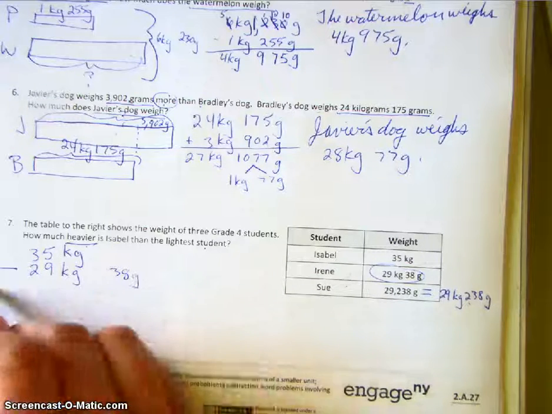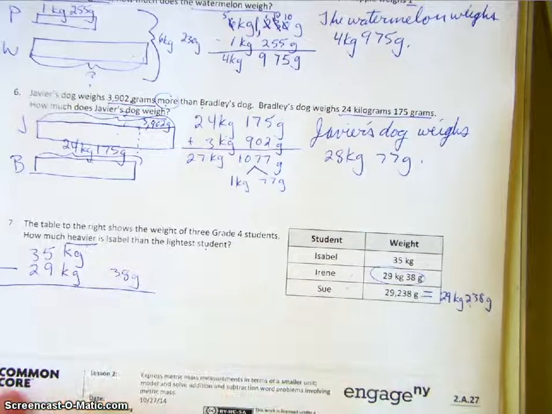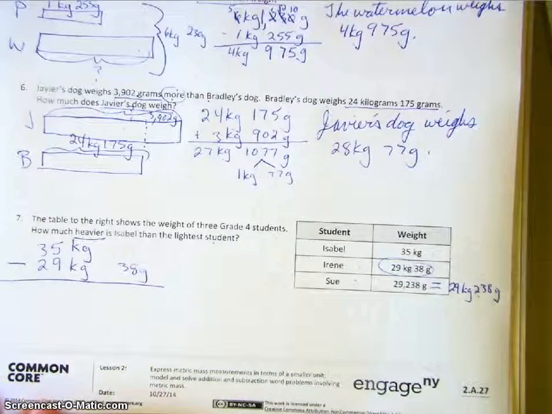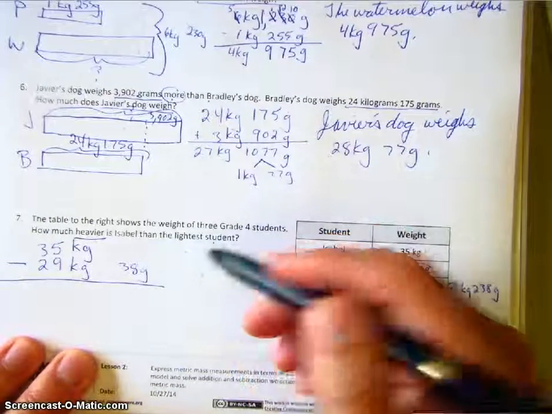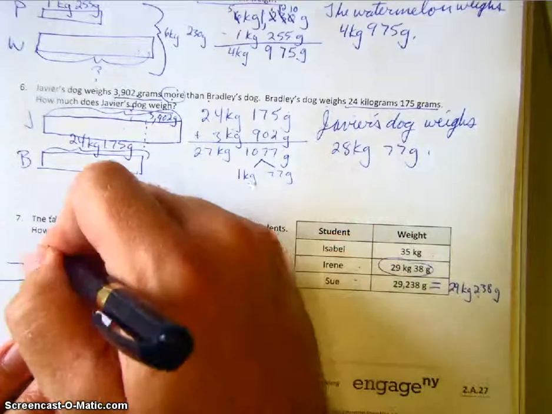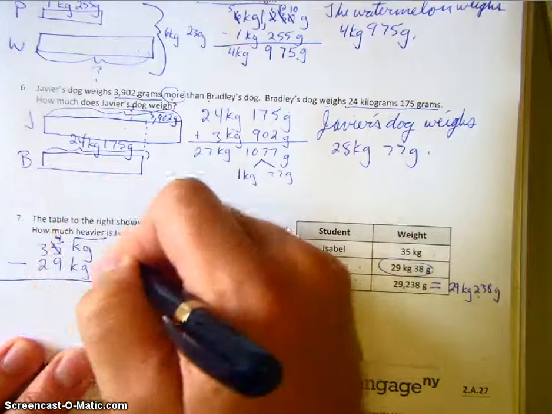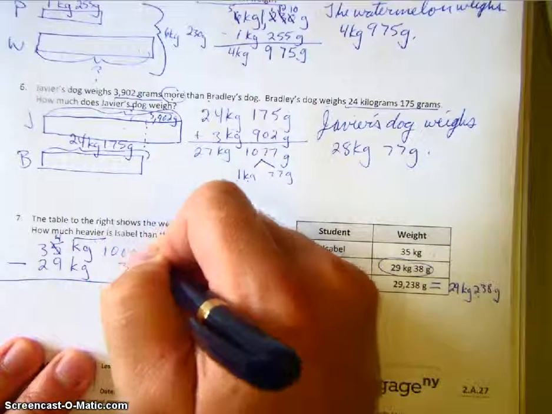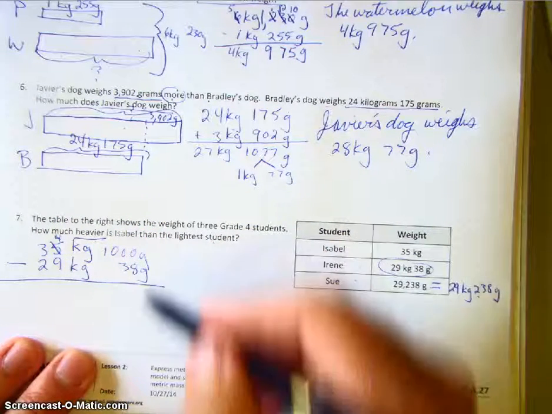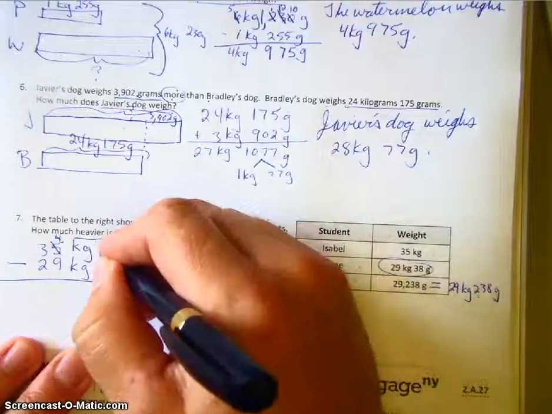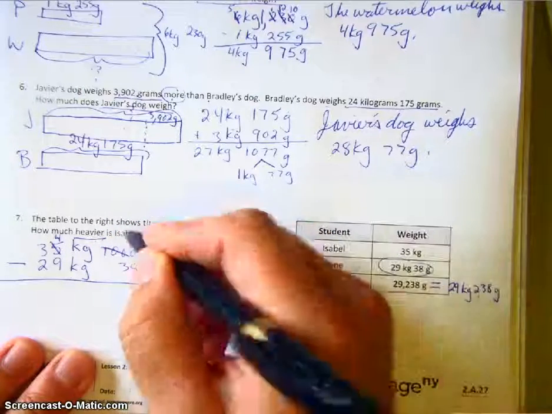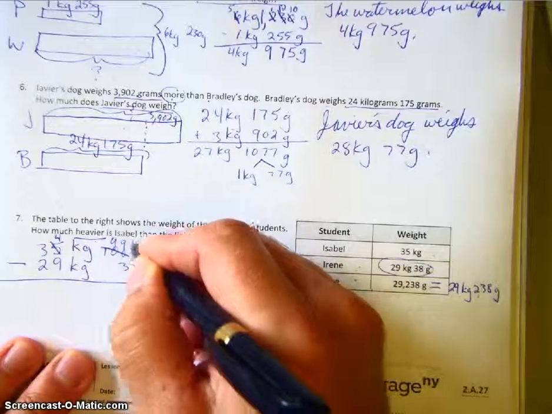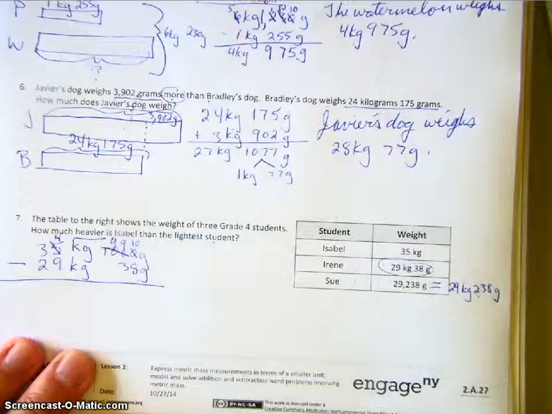So now we need to subtract to see how much heavier. Right away we see we don't have any grams to subtract from, so we're going to take 1 kilogram and turn it into 1,000 grams. So 0 minus 8, so we're going to take 100 tens, turn it into 99 tens, and then now we have 10 ones.